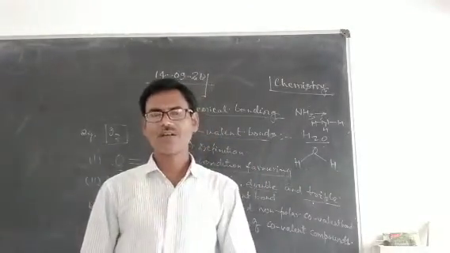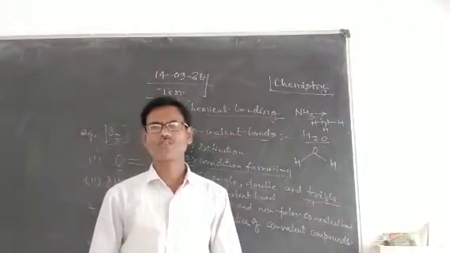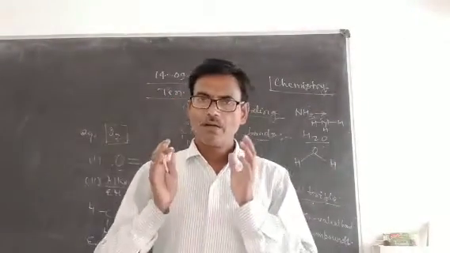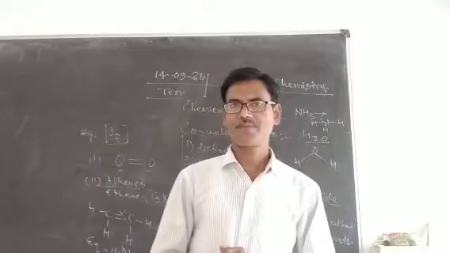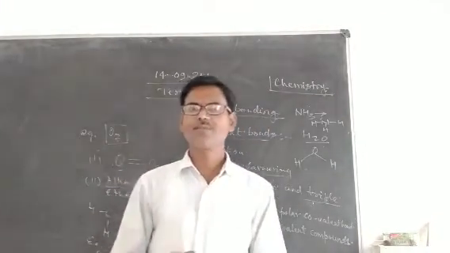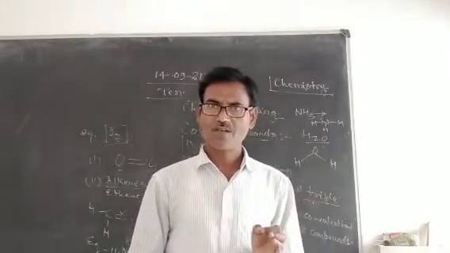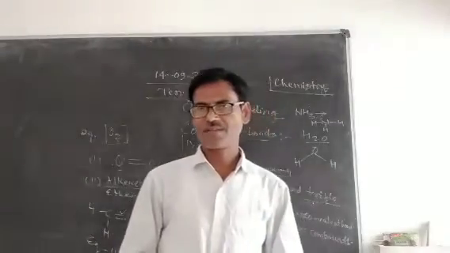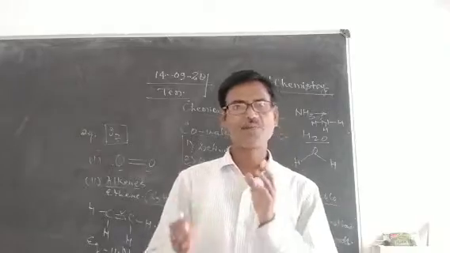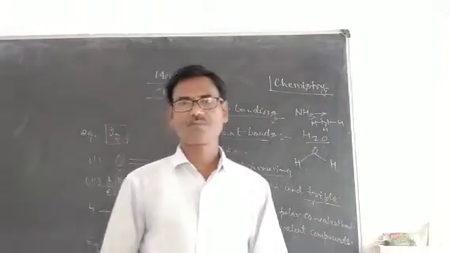Thus, the shared pair of electrons slightly moves towards the more electronegative element. A negative pole develops on the more electronegative element, and a slightly positive charge appears on the electropositive element, forming two poles, positive and negative. Such covalent bonds are called polar covalent bonds.